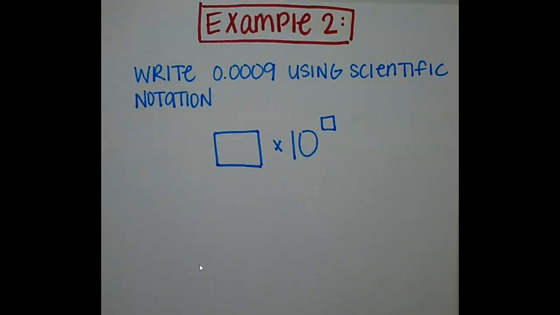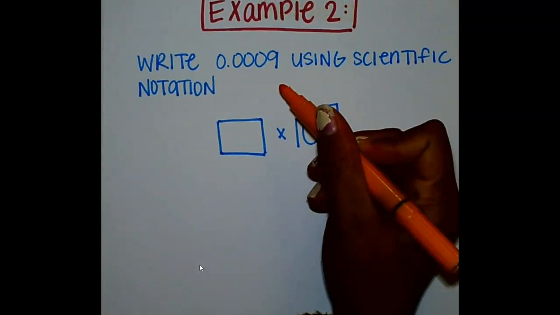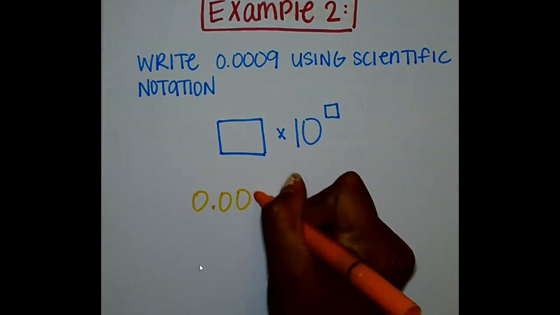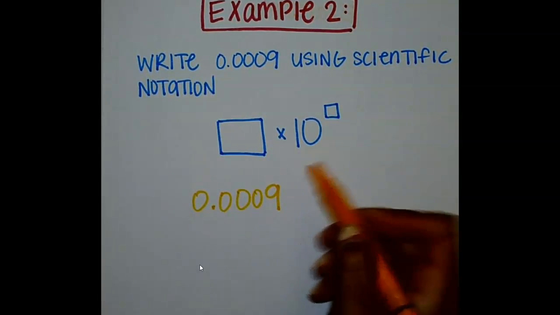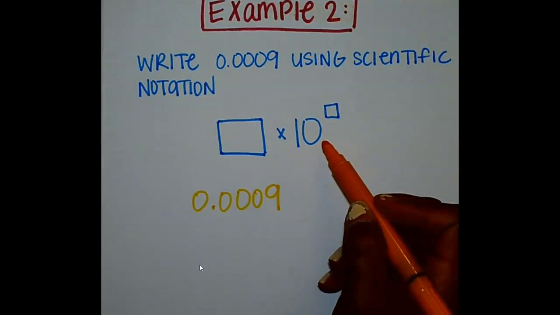Example number 2 asks us to write this number using scientific notation. So we're going to follow the steps. We're going to first take our number, and I like to rewrite the number. We know this is the form we're going to put our number in, so that's why I wrote it just like that.